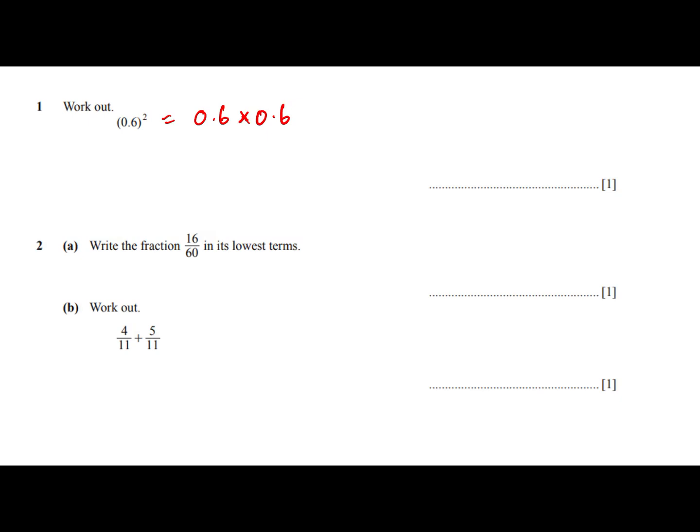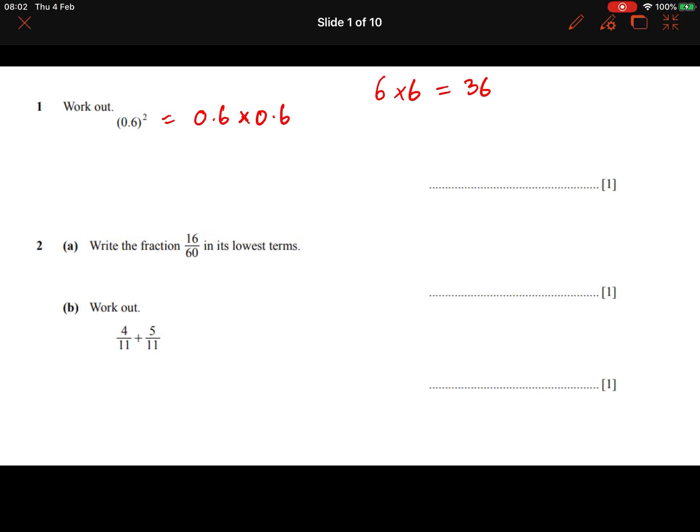What you do is you say, okay, I can't do 0.6 squared, but I can do 6 squared, and 6 times 6 is equal to 36. And then I simply look at the question and say, how many decimal places, not decimal points, are there in the answer?